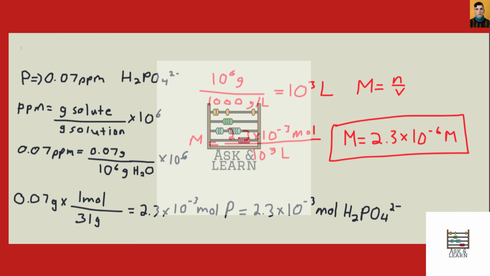So we have 1 H2PO4 for every 1 mole of phosphorus, so these have an equivalent molar ratio, and then we just take this and divide it by the volume to get our concentration.